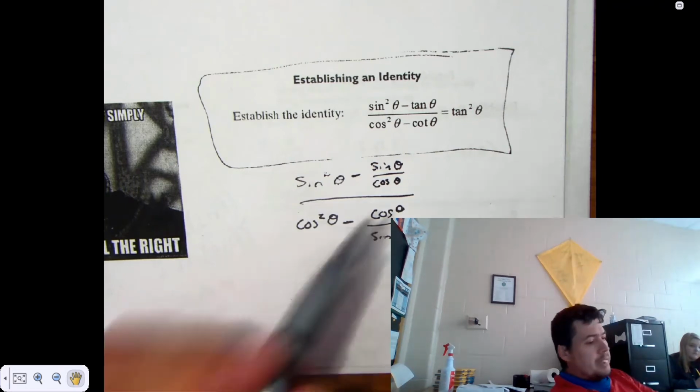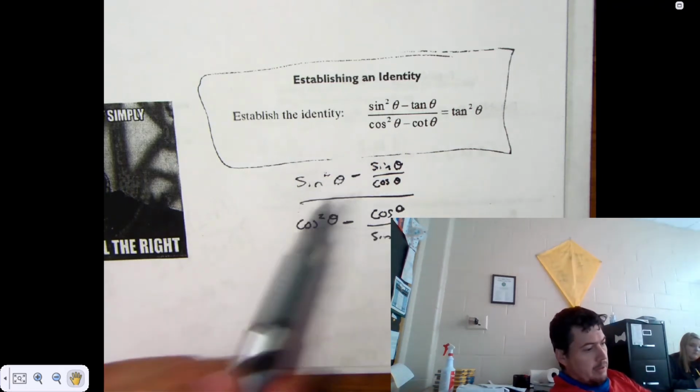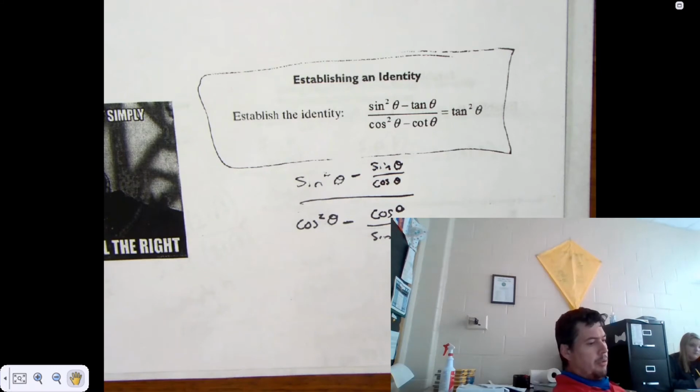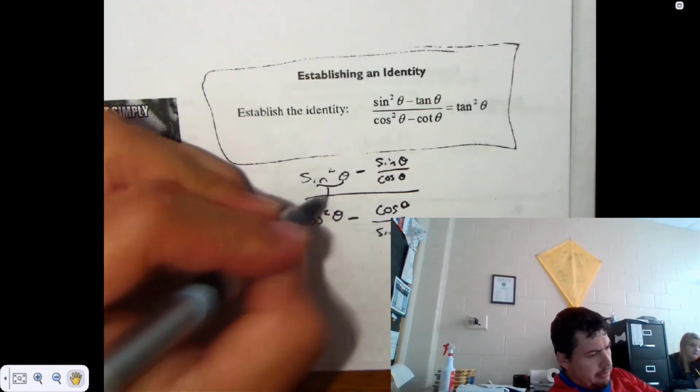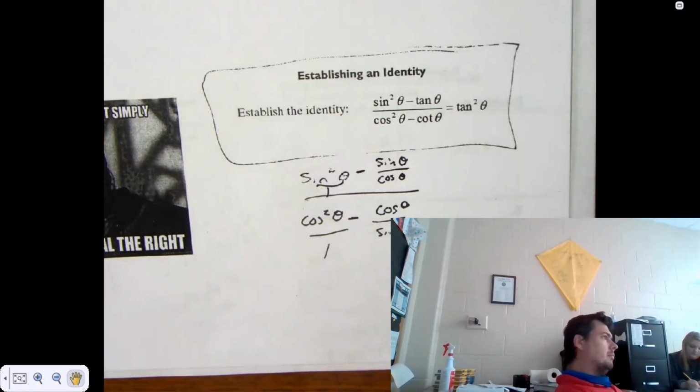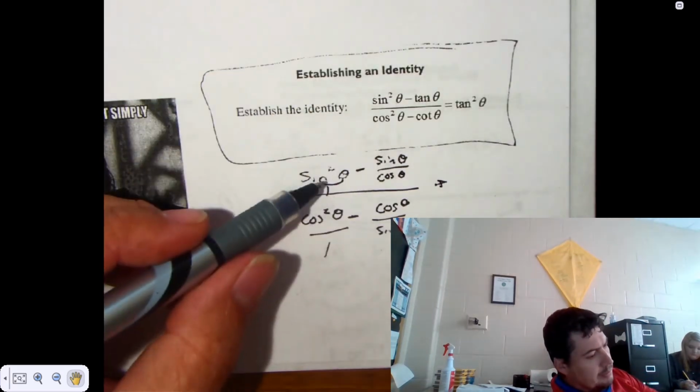So you want to put these pieces together? Like, well, why not? Why couldn't you do that? I don't know why you couldn't do that. So what would we give sine squared?